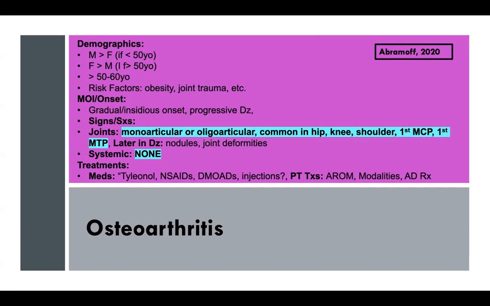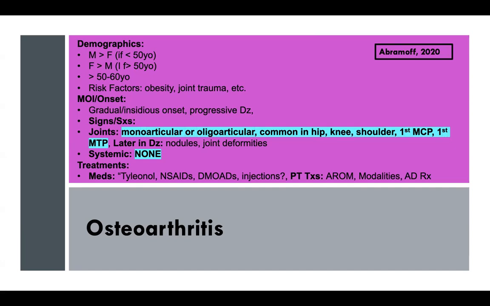Treatments: first-line treatments for osteoarthritis, medication-wise, we're thinking choosing low-risk medications to control pain and maybe a little bit of the inflammation. So NSAIDs and Tylenol, commonly prescribed. Injections also could help with pain control for some individuals with more severe disease, so corticosteroid injections.